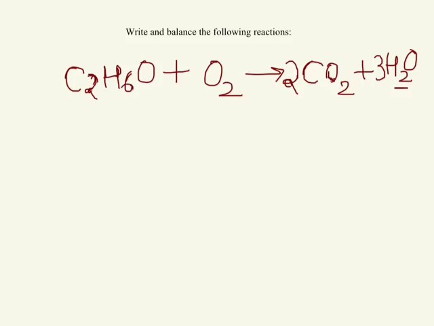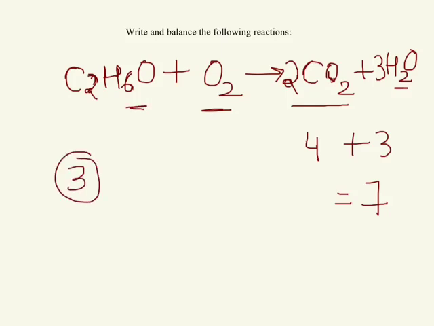C2H6O. So on this side, 2 plus 2, 4 are here, and plus 3 on this side. So 4 plus 3, 7 oxygens here. How many are here? 2 plus 1, 3. Now think about it. If I put 3 on the front here, that will make it 3 times 2, 6, plus this 1, that will make it 7.